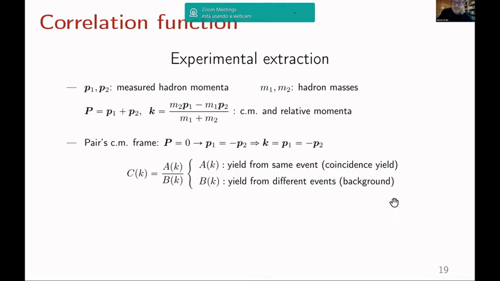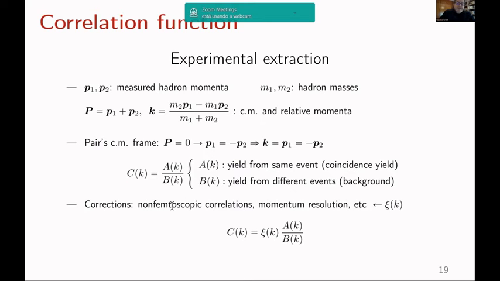This is kind of the background. So if this is different from one, this is a signal of a correlation between the J/psi or epsilon and the nucleon. Then, of course, life is not so easy.